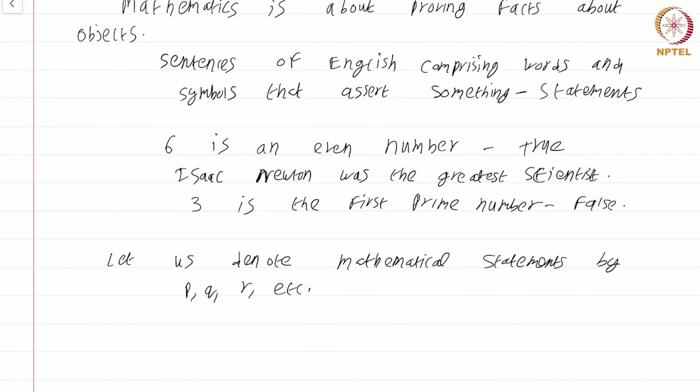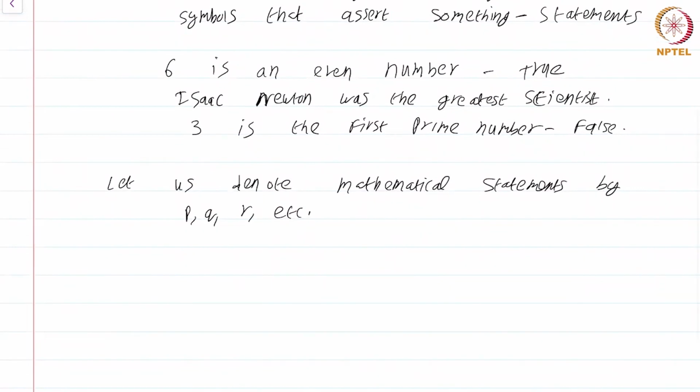P, Q, R are supposed to denote mathematical statements. They could be 6 is an even number, which is a true mathematical statement, or 3 is the first prime number, which is false. First, we need a language for combining statements, and that's provided by certain keywords. We have P and Q. This is one way of combining two mathematical statements. This is AND.